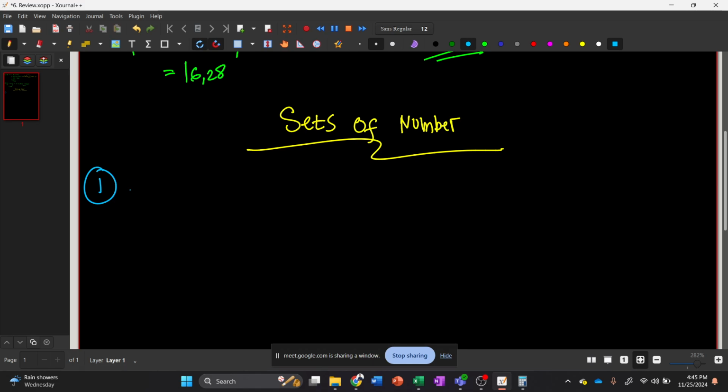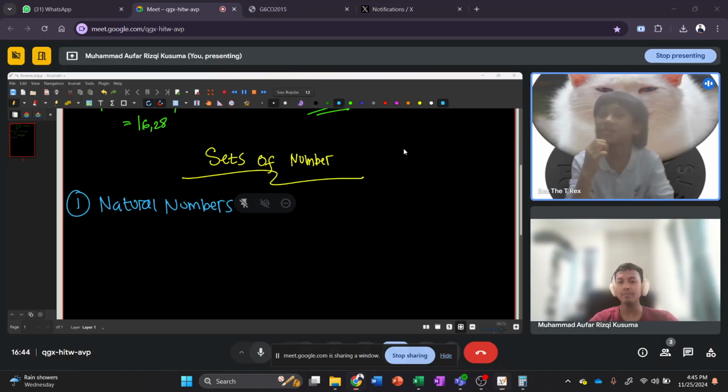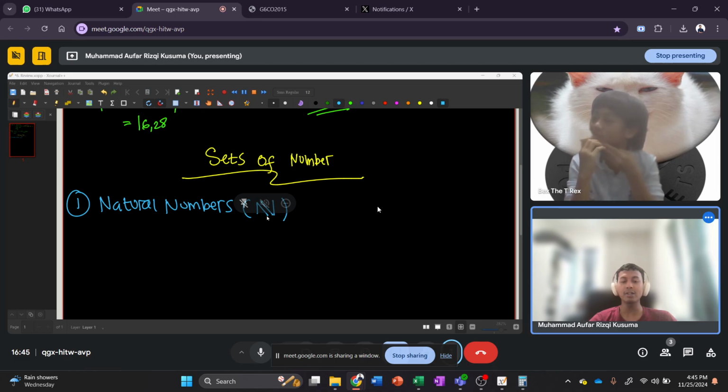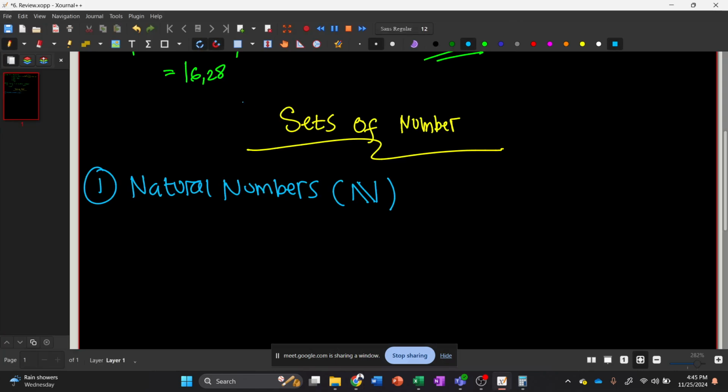The first one is what we call natural numbers. Remember what natural numbers are, Bex? This is the symbol for natural numbers. If I write this, what I mean is the collection of natural numbers. What is a natural number?